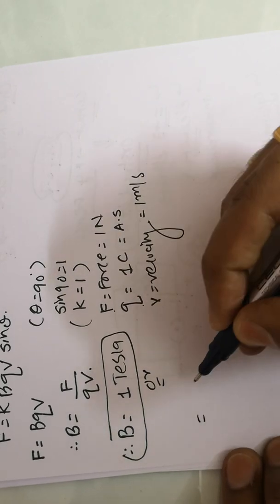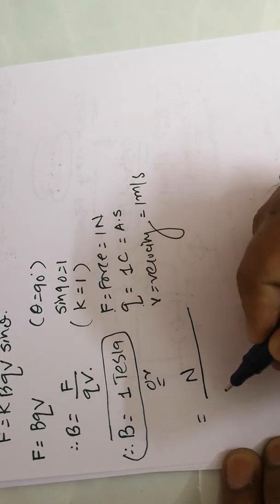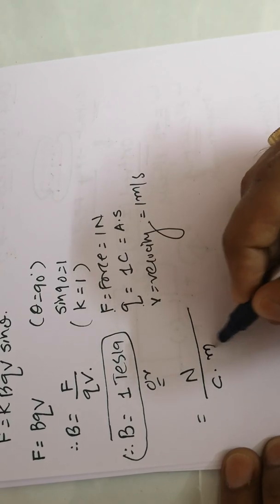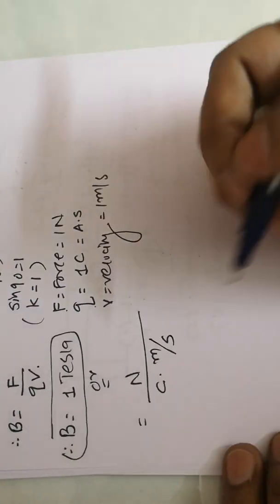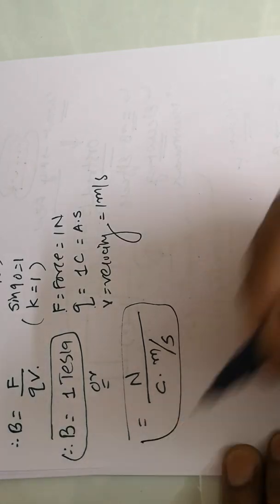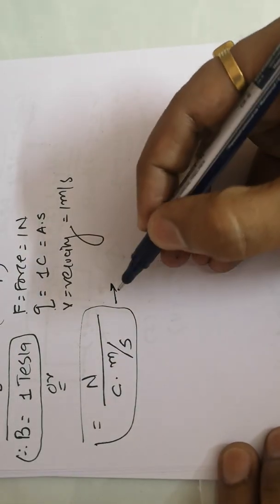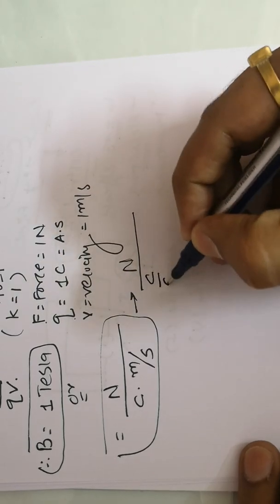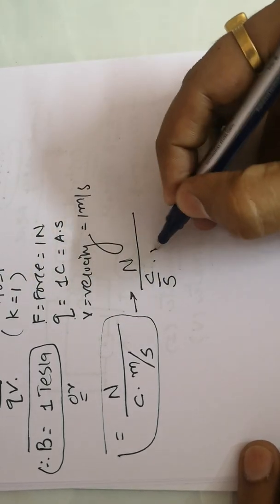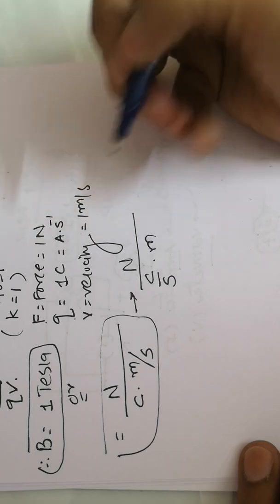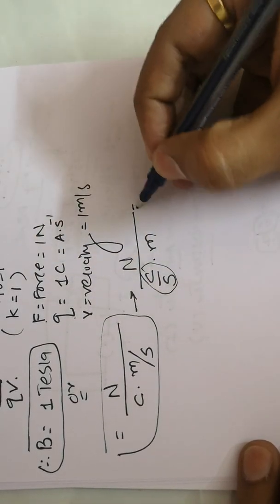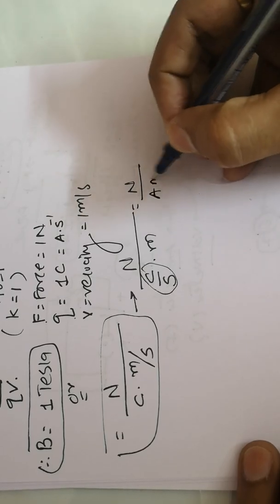Or you can place these units: Newton divided by coulomb into velocity, meter per second. This is another unit. For simplicity, we can use Newton, and coulomb per second is also okay, and meter. So that is ampere, so I can have Newton per ampere meter.